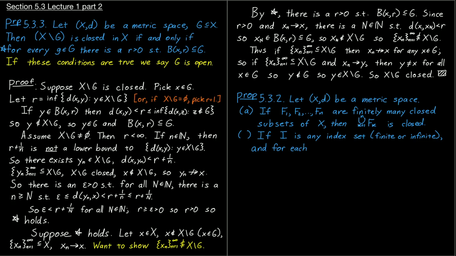And for each k in our index set, we have F sub k is a closed subset of X. Then the intersection of all the F sub k's is also closed.